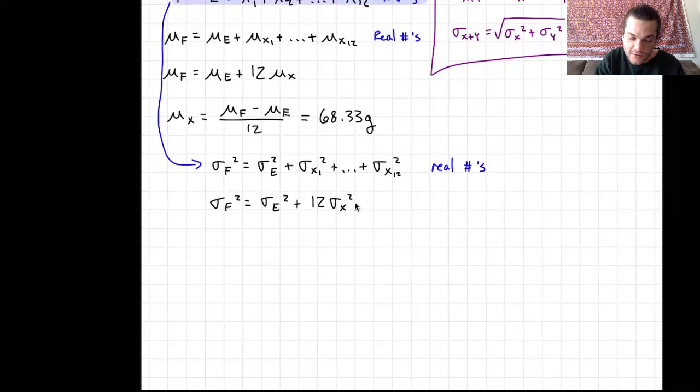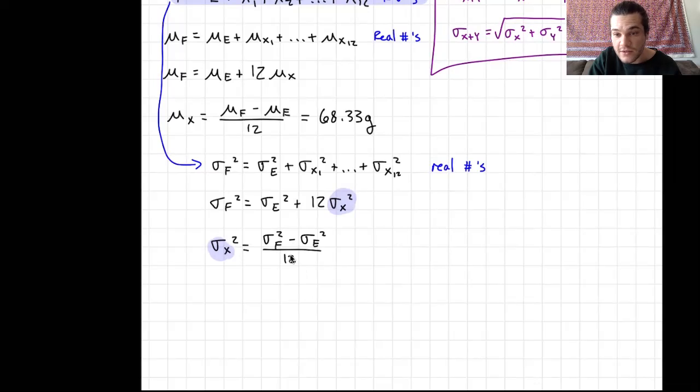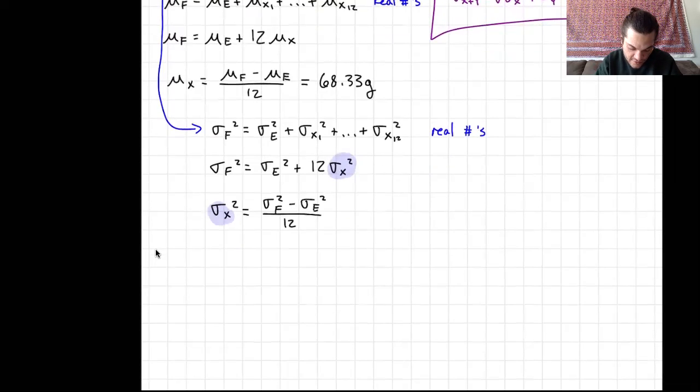And in the end, what are we looking for? We're looking for this guy. So let's solve for that. So hopefully you can agree that we can subtract the variance of an empty container, divide by 12, which then implies that we can take the square root of both sides. We're looking for precisely sigma X. We want the standard deviation, not the variance. We found the variance here. So now let's take the square root. So the standard deviation is the square root of this whole thing up here.